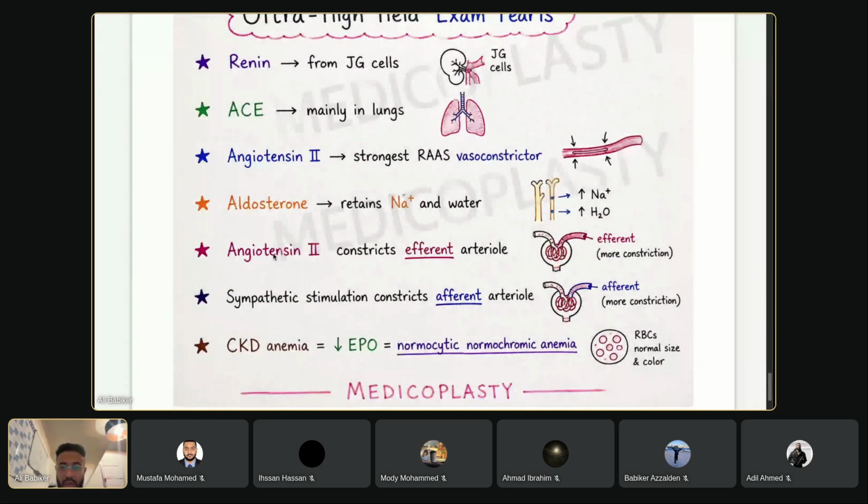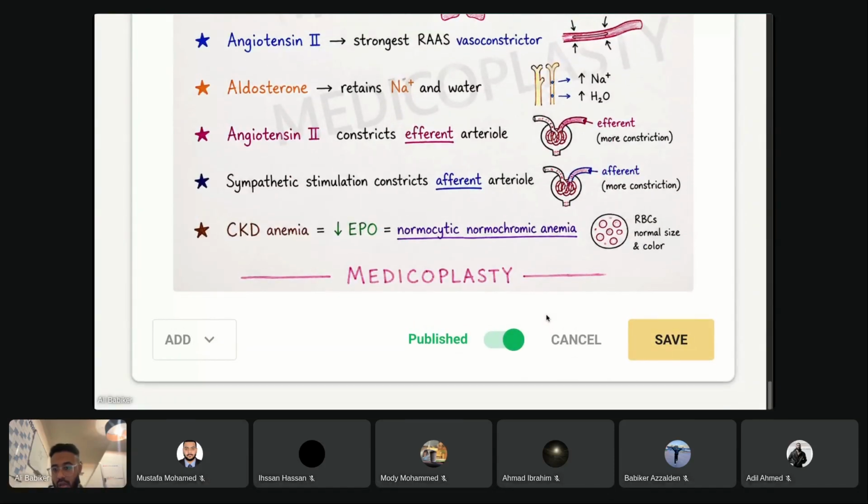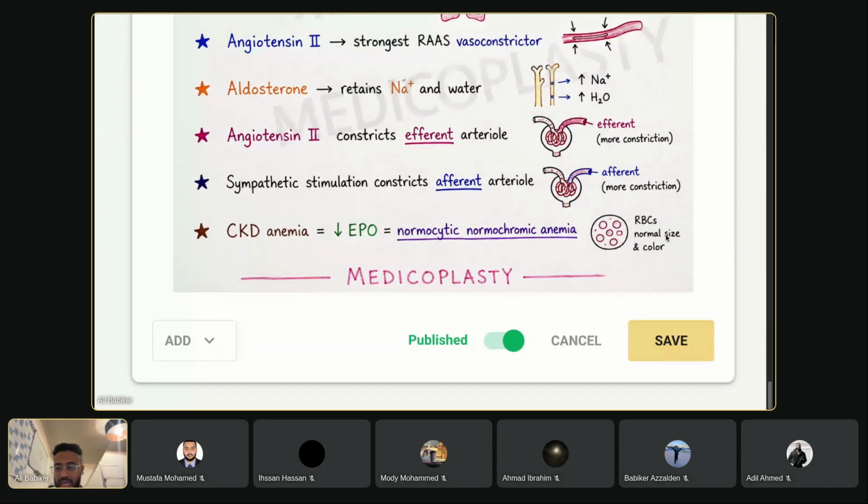Aldosterone retains sodium and water. Angiotensin II constricts the efferent arteriole, here, efferent. Sympathetic stimulation constricts the afferent arteriole, here. CKD anemia is due to a decrease in the EPO, normocytic, normochromic anemia. The RBCs will be normal in size and in color.